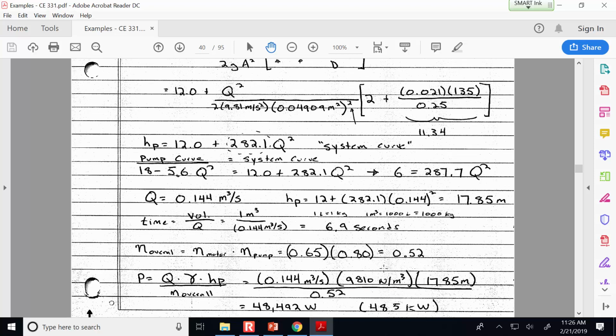Then if we calculate the power, we substitute the operating point, meaning the flow rate that we determined earlier, the gamma for water, the pump head, and you can't see the decimal. That's 17.85, not 1,785. So that's the pump head, and then divided by the efficiency. So 48.5 kilowatts, that's a lot.